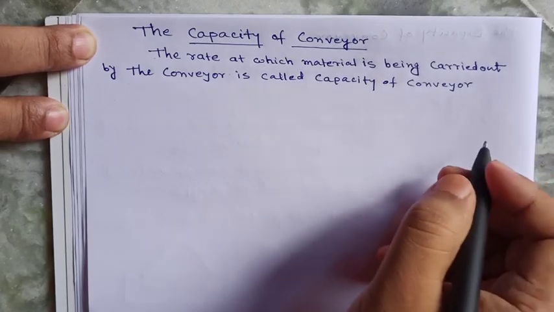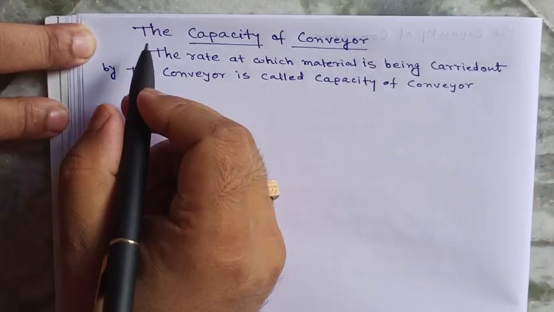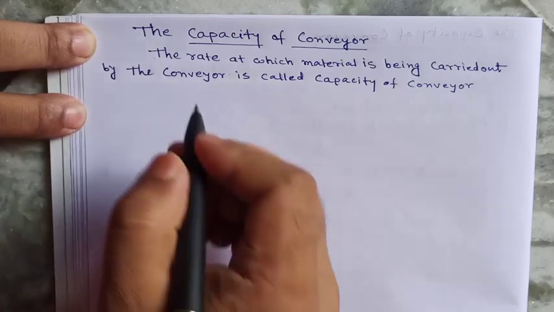Capacity of the conveyor. Now this capacity is generally two types.